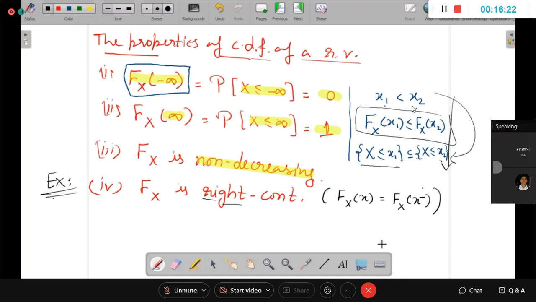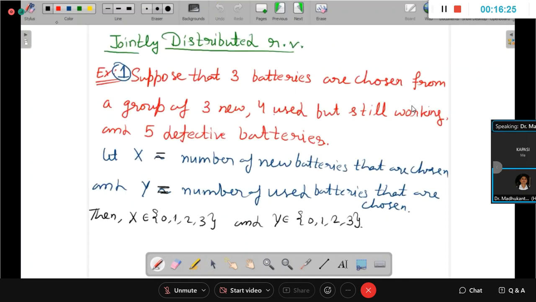Right. Now, whenever you are talking about a real-life scenario, it is always preferable to go for more than one variable. So there is always a chance, when you model some experiment, that you may need to introduce more than one random variable.